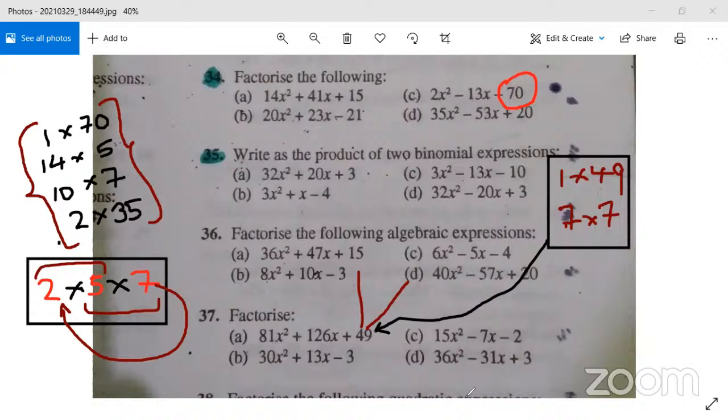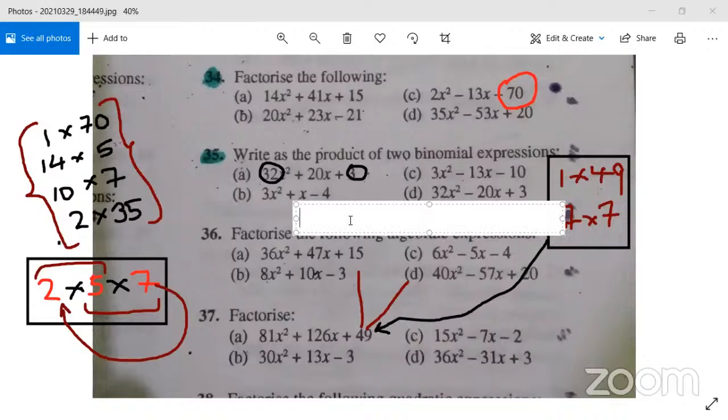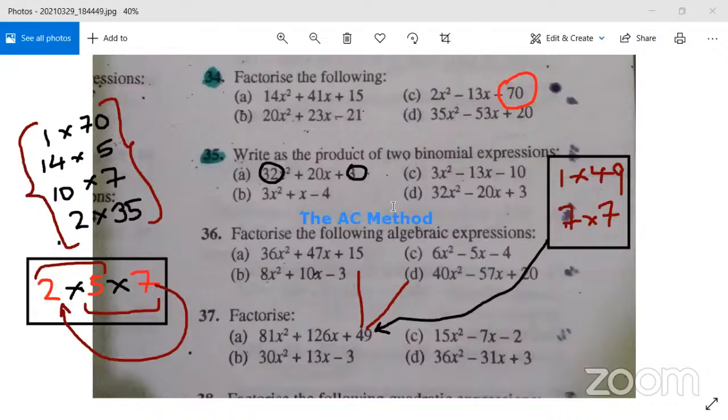So it's important that we are able to find quite easily the factors of both our A and our C in the quadratic expressions, because what we're going to be using is something called the AC method.